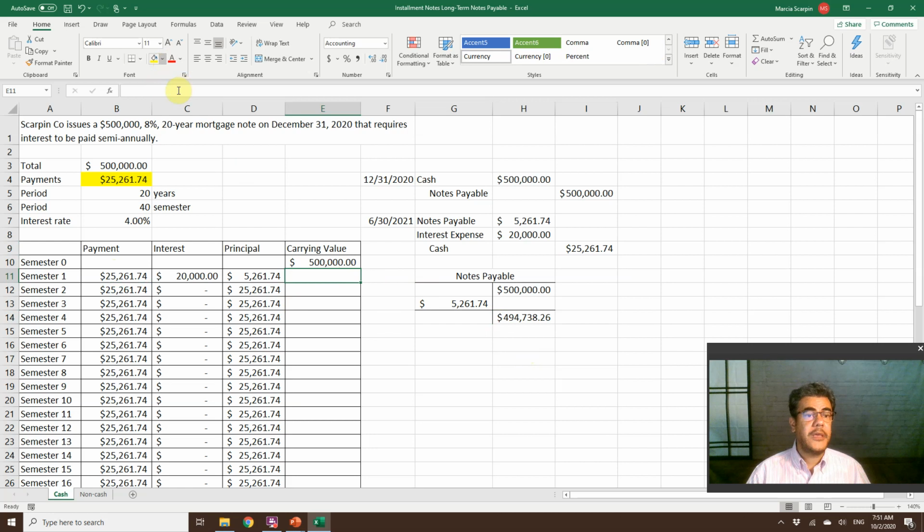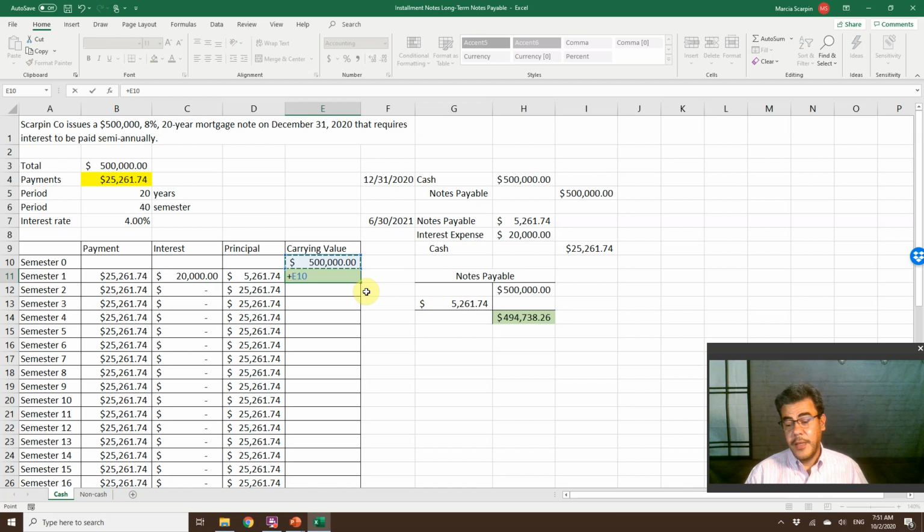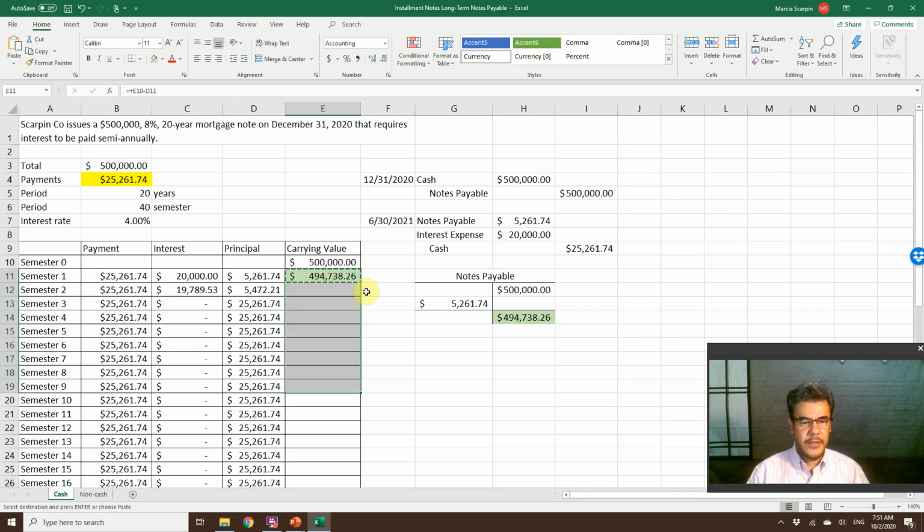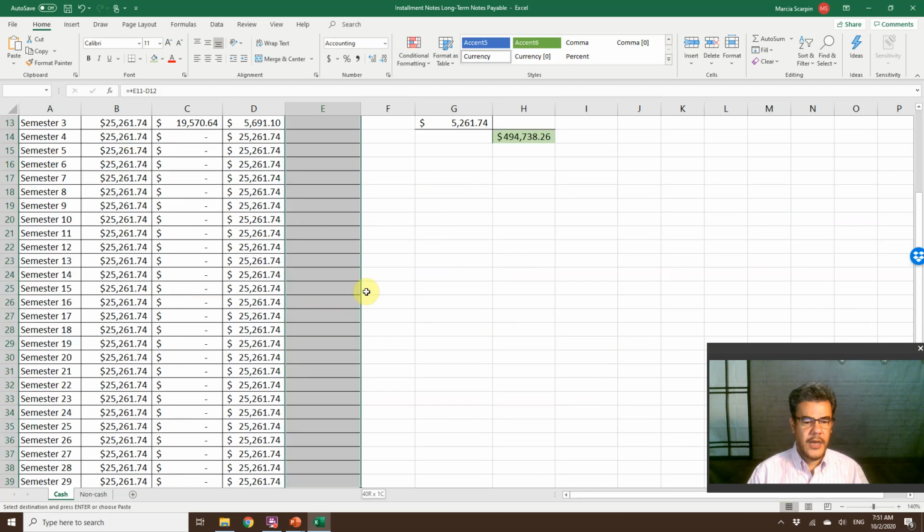So it must be this number here. Let's check. How do we do our carrying value? Beginning balance less principal. And here we are having our numbers. Let's copy and paste. I don't want to copy and paste the green, so let's copy and paste now.